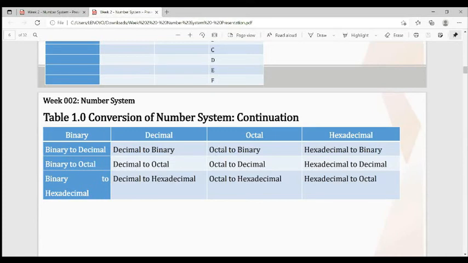Sa octal, pwede mo rin siyang i-convert into binary, into decimal, into hexadecimal. And same with the hexadecimal. Sa hexadecimal, you can convert the numbers into binary, into decimal, and into octal.